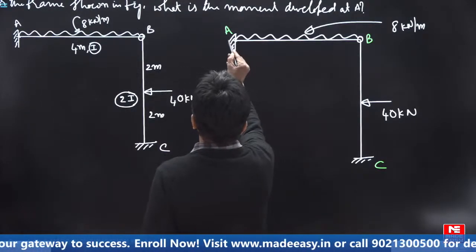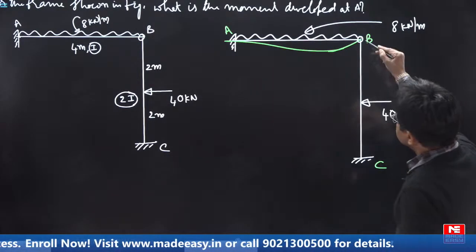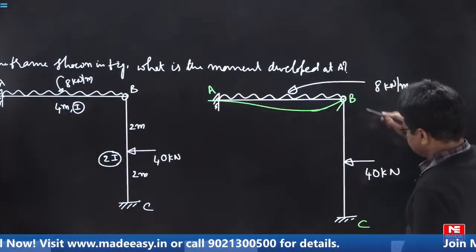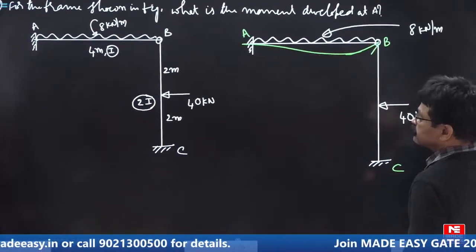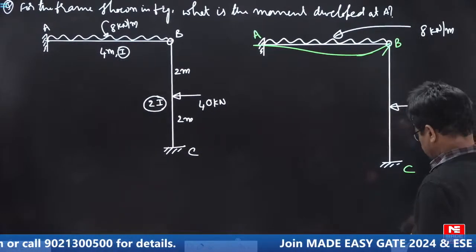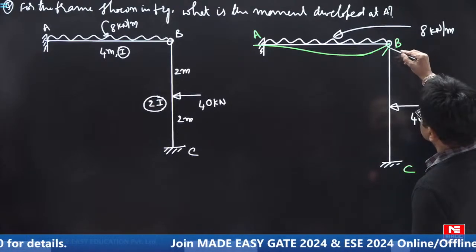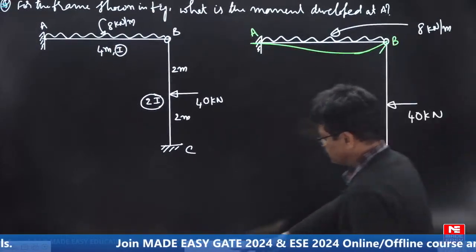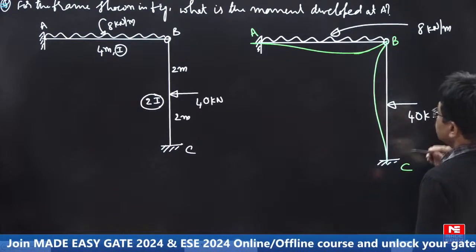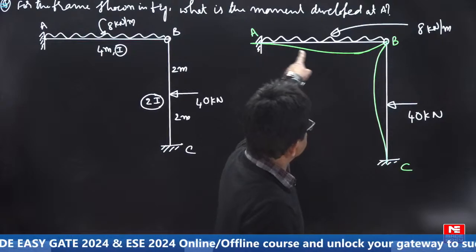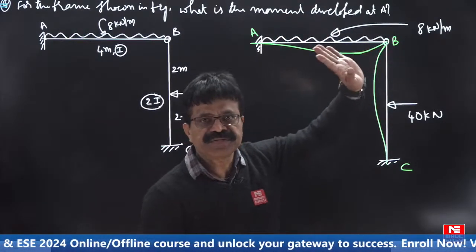Now see here. This will deflect like this. Because of this load, it will deflect like this. This alone is looking like a propped cantilever beam subjected to UDL.